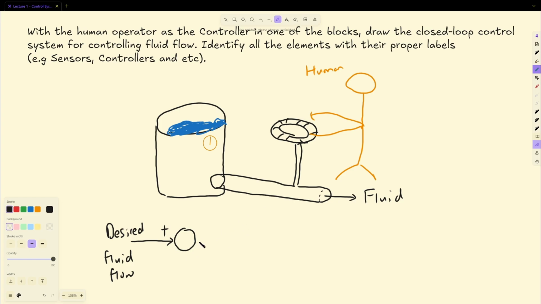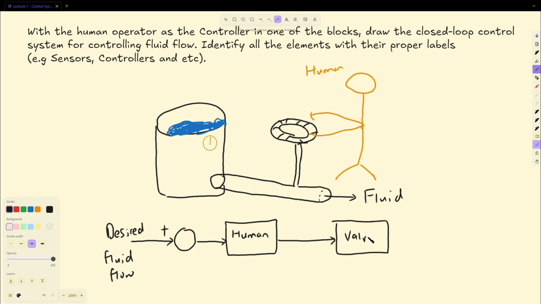Then we're going to have some feedback. Our controller is going to be the human, so our eyes, this is our control system. Then the actuator will be the valve, right? So our actuator is the valve.